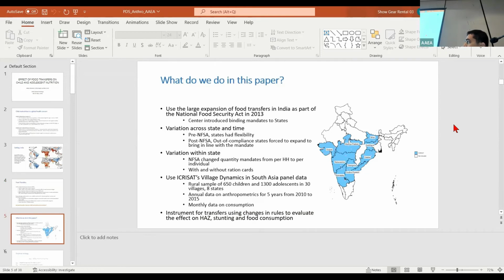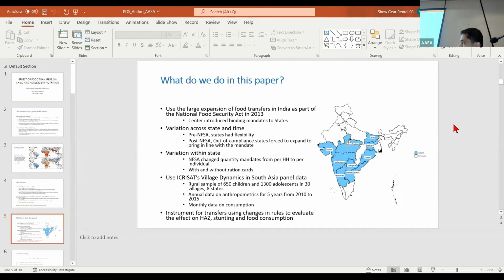To identify the effect, we use this large expansion of food transfers that happened in India in 2013, which was the National Food Security Act. Under this act, the central government mandated basic minimum criteria at which the states had to provide ration.